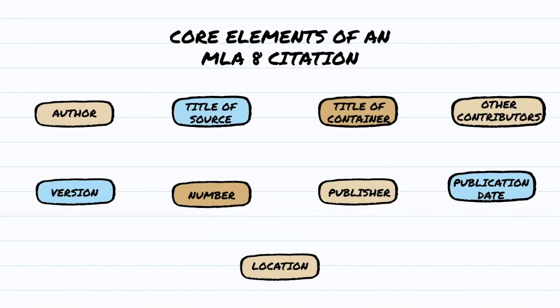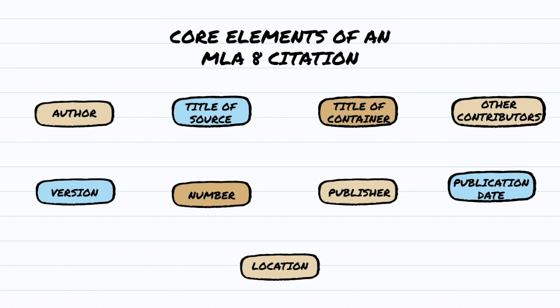The core elements that you should provide for every source within your research are details such as the author, the title of your source, the title of a container, which means like the title of the magazine or the title of the website.